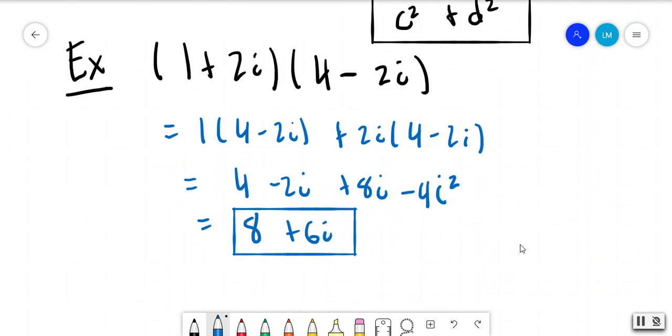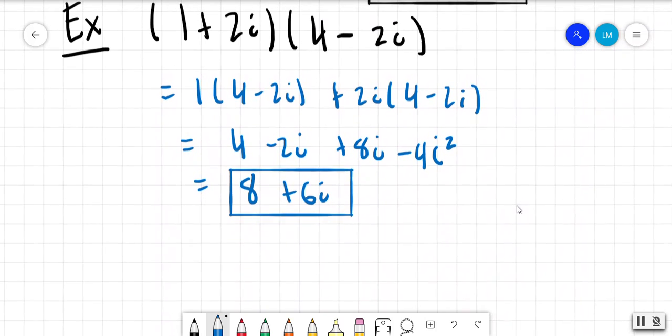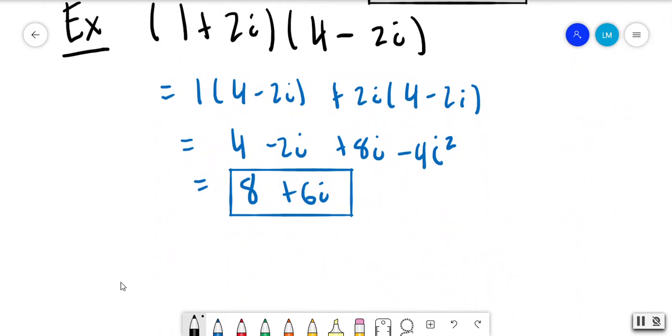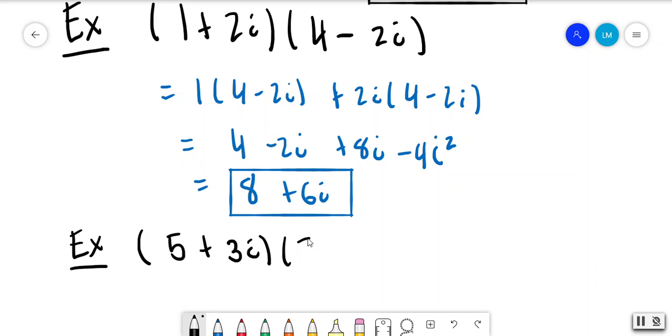Okay, so what we can do next is let's say that we're going to multiply two complex numbers that are of the same sign. So let's say that we have 5 plus 3i multiplied by 5 plus 3i.